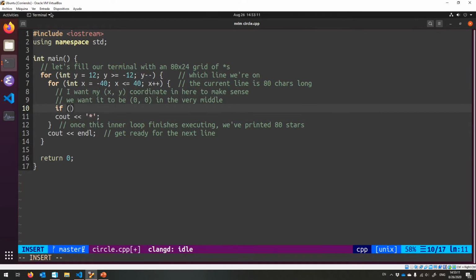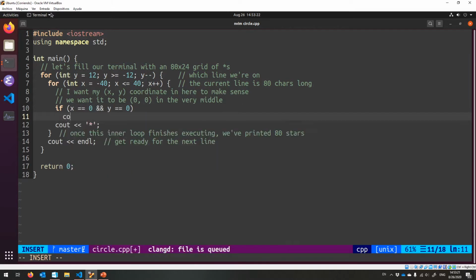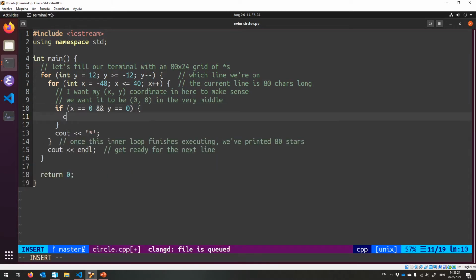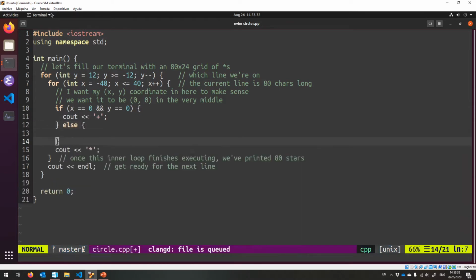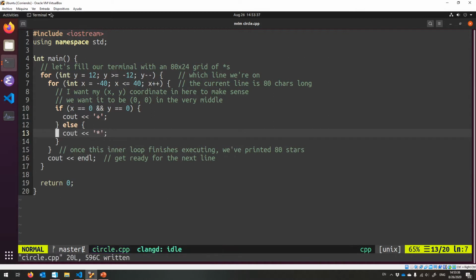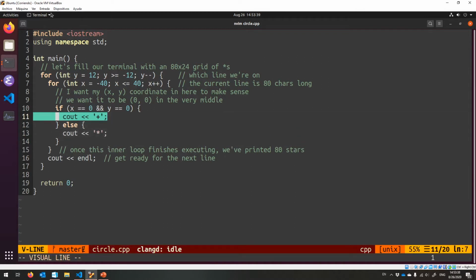So if x is equal to 0 and y is equal to 0, let's print, instead of our star, cout plus. Okay? The axes meeting. And otherwise, we'll print out our star. How about that? Okay, so if we're in the very middle and we did it right, we'll see a plus sign. All right?